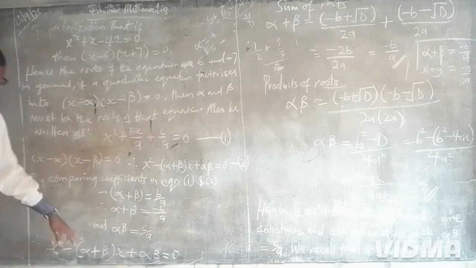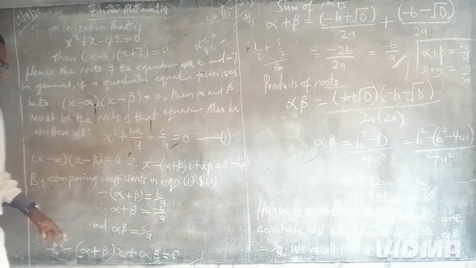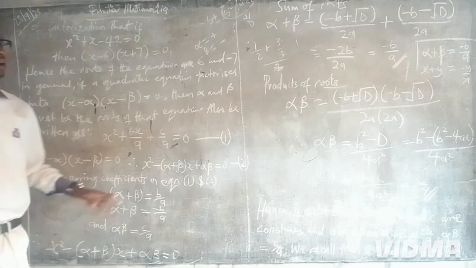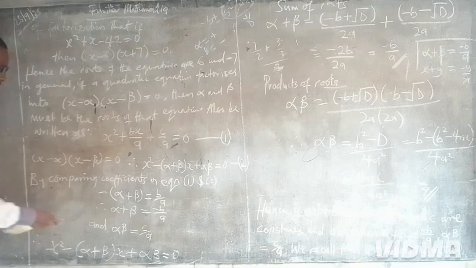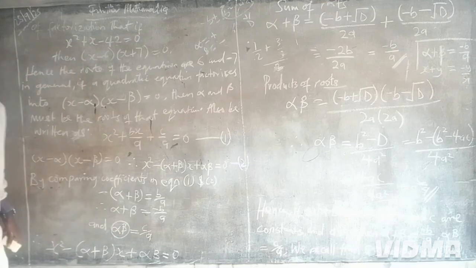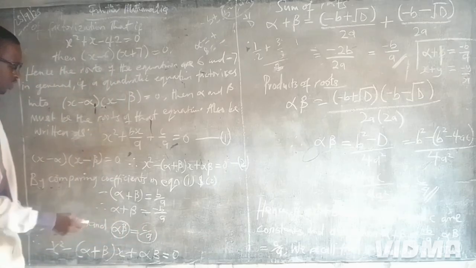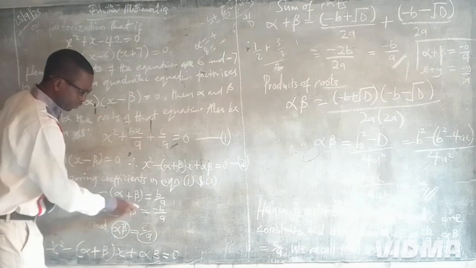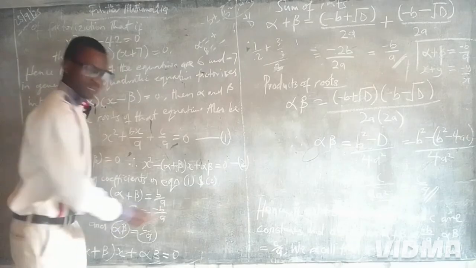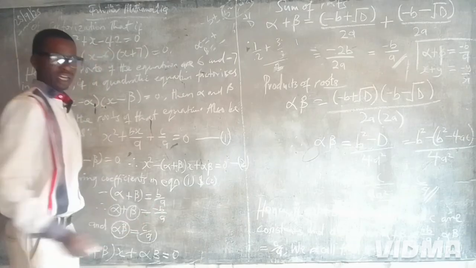So from what we have been calculating, anywhere you see alpha multiplied by beta, just know that it is c over a. And anywhere you see alpha plus beta, just know that it's minus b over a.